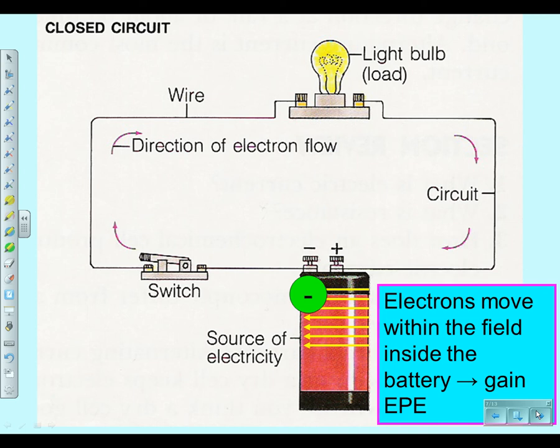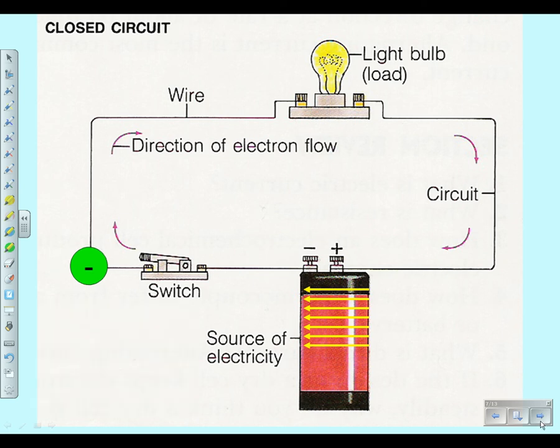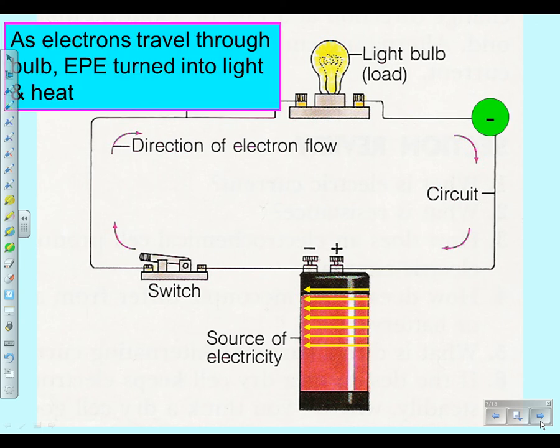Then, as this charge moves through the circuit, what happens to that electric potential energy? Turns to kinetic energy. Turns to kinetic, but it's not always kinetic though, right? Depending on what's in the circuit, it could be kinetic, that's the current part, or it could be something else, like light and heat, if we're talking about a light bulb, or sound, if we're talking about a speaker.